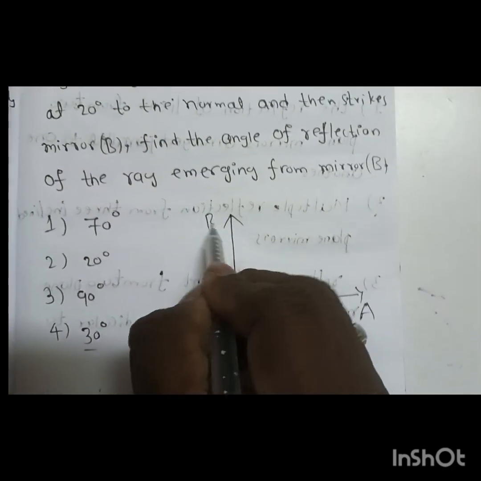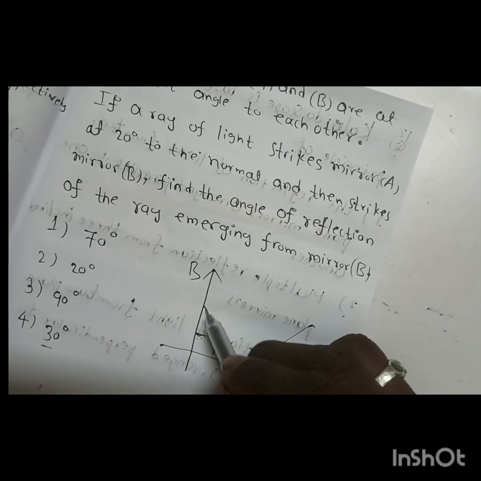Suppose these are the two mirrors A and B. The ray enters with some angle, 20, and it reflects.